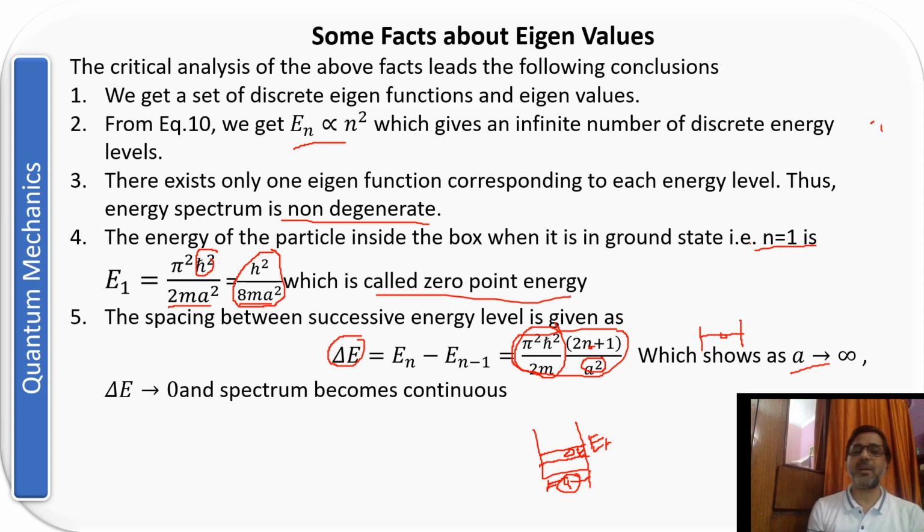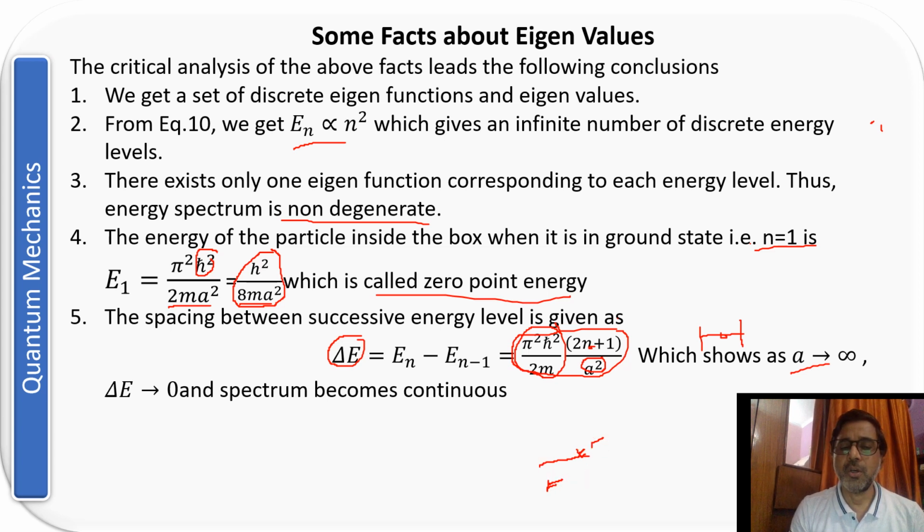The energy gap will not be there, so it will not remain discrete. If the width of the box is very, very high, that is, the particle is free to move wherever it wants with no limit, then it comes to the classical case. This is exactly what we mean by this.